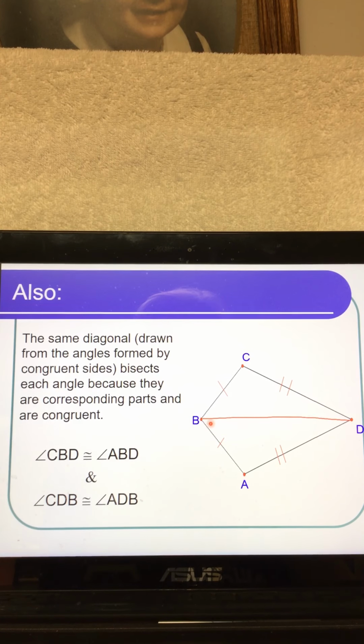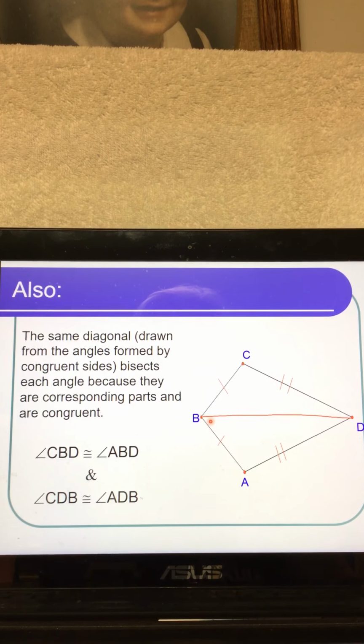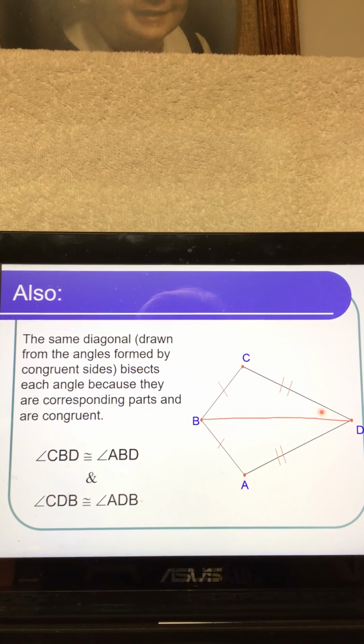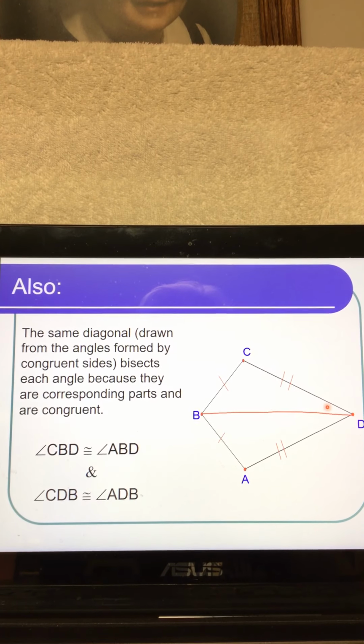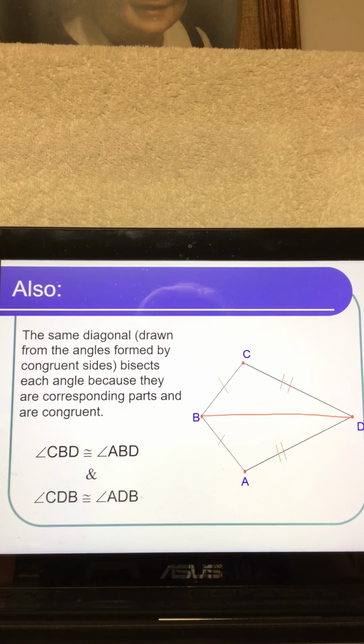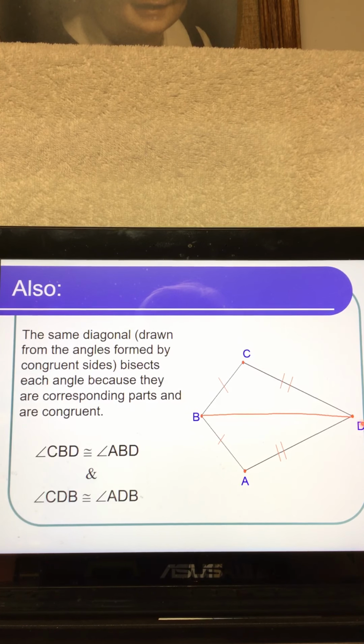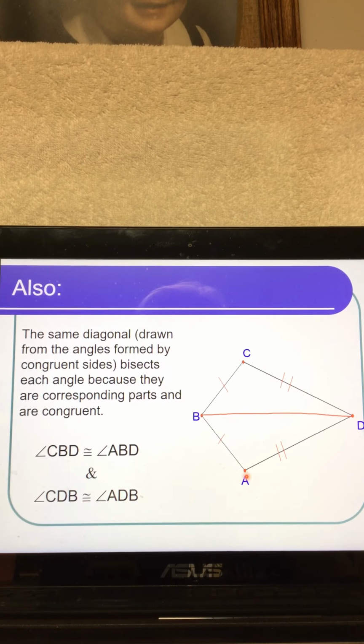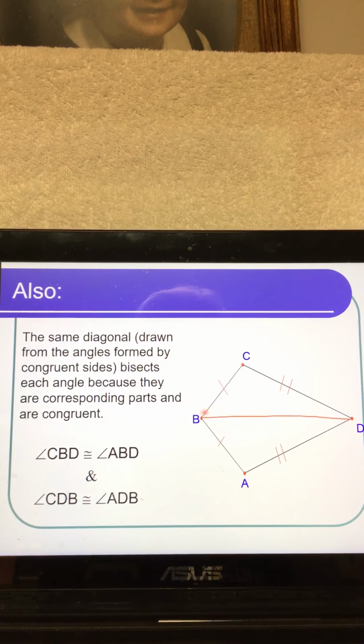This angle and this one are corresponding parts that would be congruent. These are also corresponding parts that would be congruent. So CBD has to be congruent to ABD, and CDB has to be congruent to ADB.